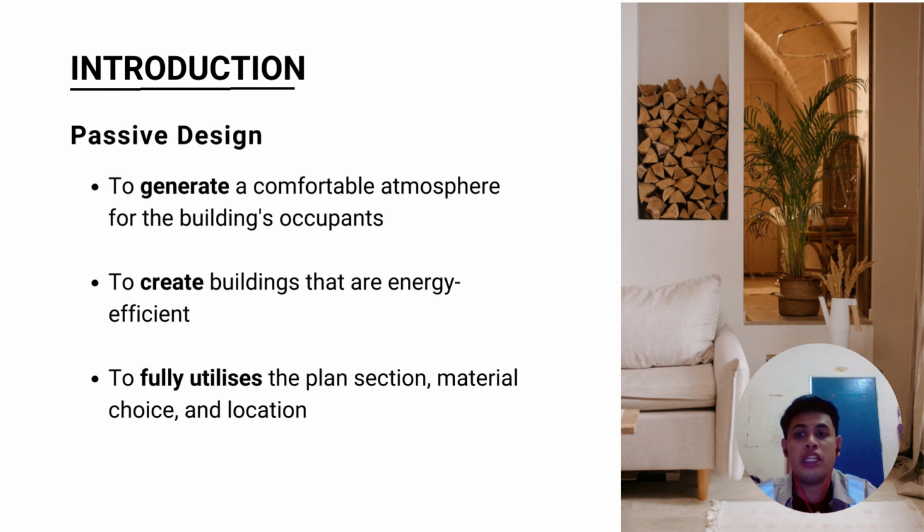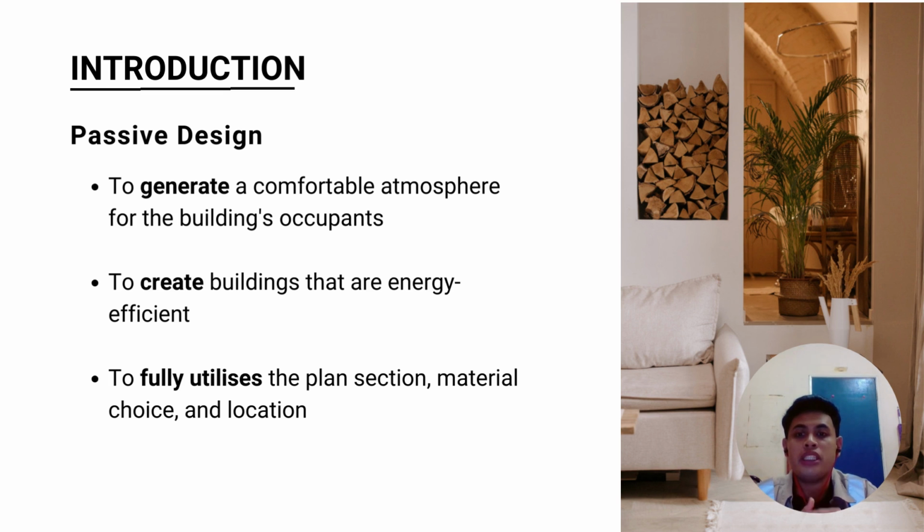In order to create energy efficient buildings, passive design solutions take into account the sun, wind, light, and microclimate in the area. The arrangement is made early on in the construction process to fully utilize the plan, section, material choice, and location, which have a greater impact on the building's energy use.